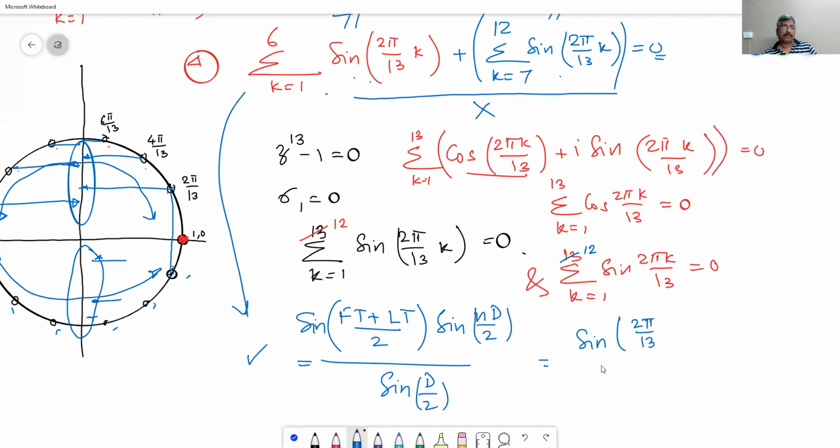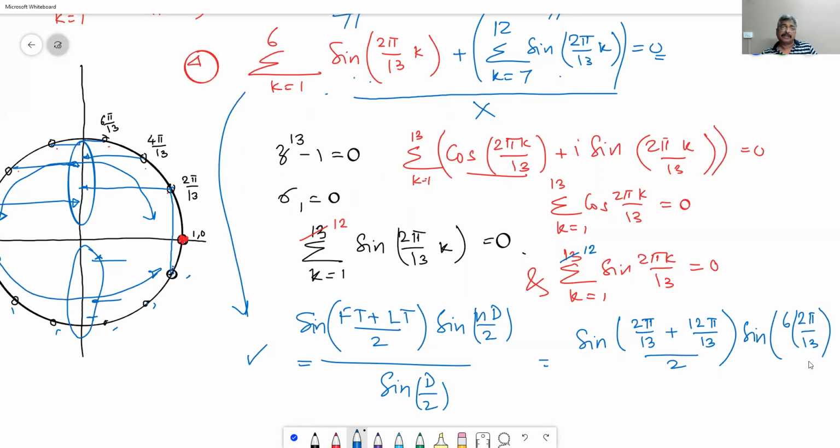What is the sixth term? Plus 12 pi by 13, whole divided by 2. How many terms? 6. What is the common difference? 2 pi by 13.